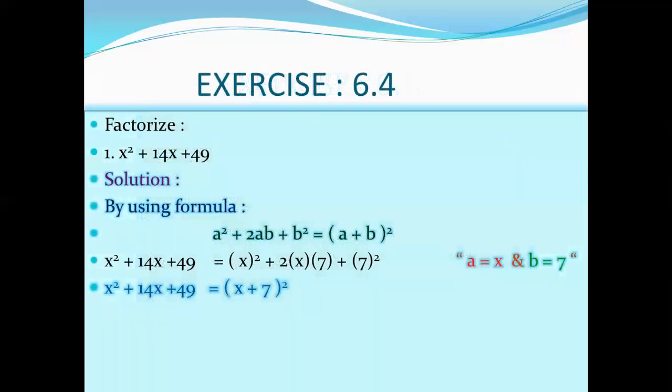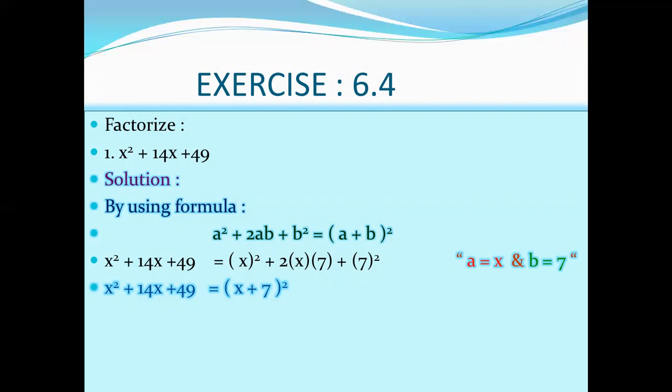Question number 1 is x square plus 14x plus 49. When you start these questions, always remember to concentrate on the first and the last term because we need a and b. If you find a and b, then it will be easy to solve the question. The coefficient of x square is 1 in this question, and x square is the square of x, and 49 is the square of 7.